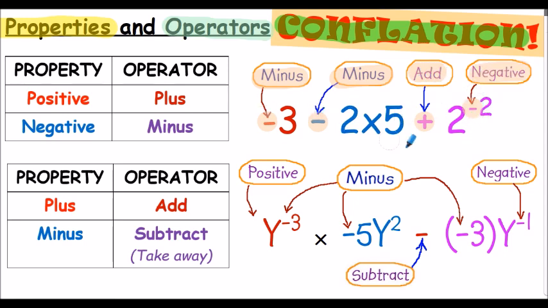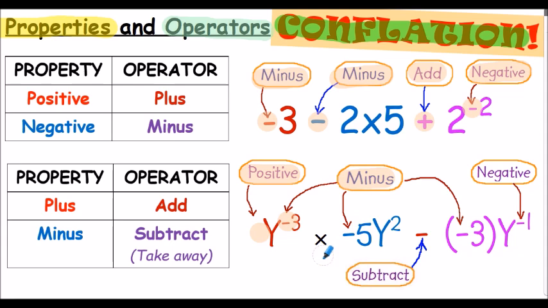Can you see that the properties and the operators are conflated here? We've used minus initially to mean the property of the 3, but we're also using the term minus for the operation within the calculation. And considering the lower calculation, we have positive y raised to the minus 3.